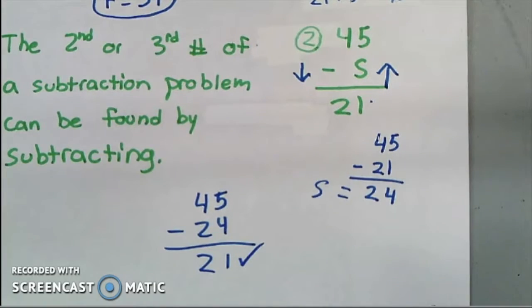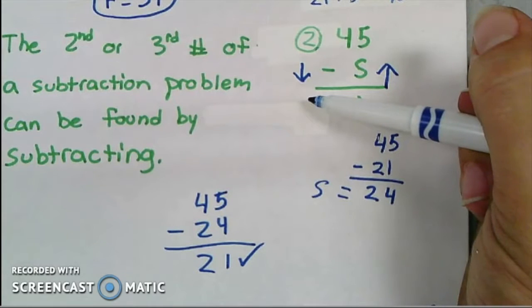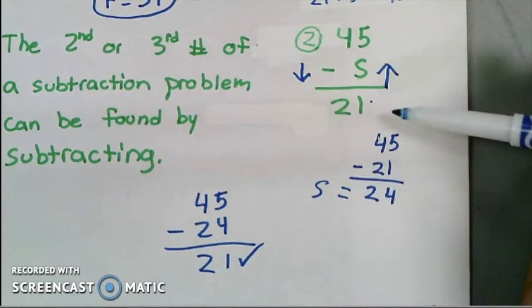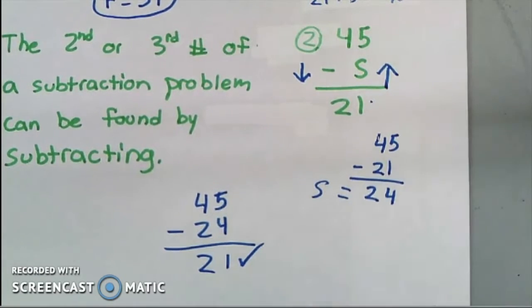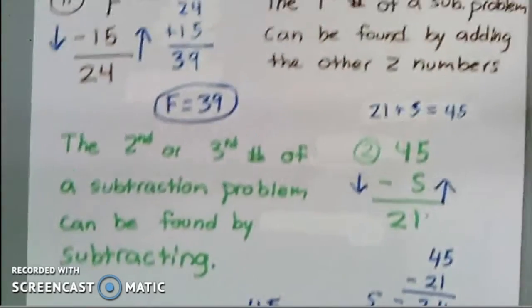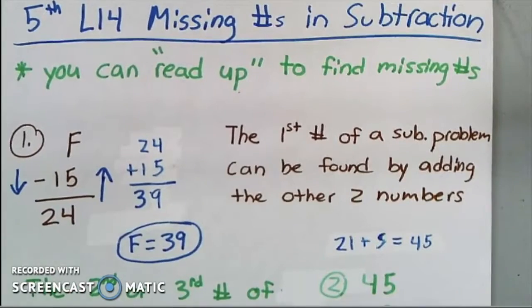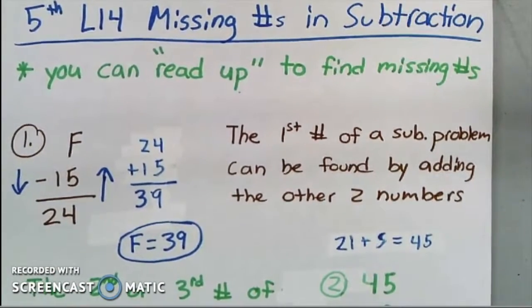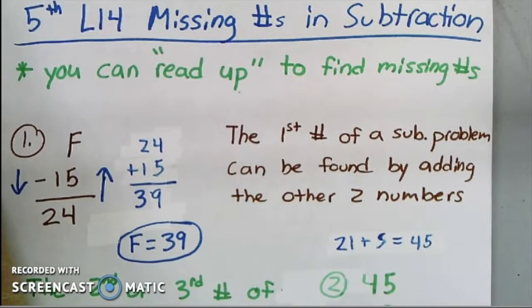Okay, we got it. We know what we're doing. So again, going down, you can read a problem using one operation, which means that going up, you can read it with the opposite operation to help you figure out what those missing numbers are. Congratulations, you have just learned 2 more lessons that are a little tricky. Get to work and practicing using them.